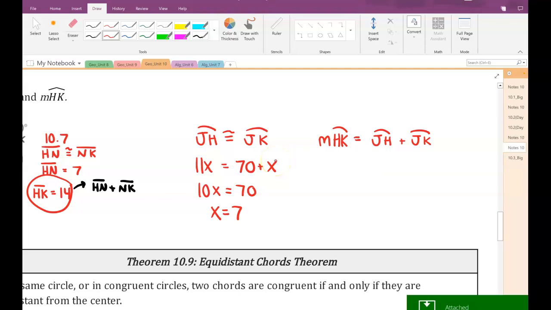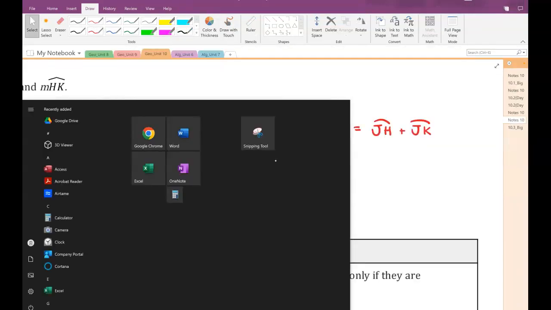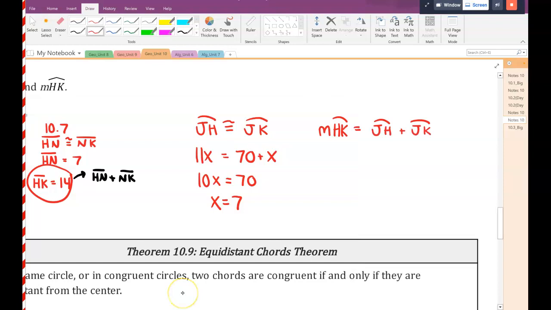So I got to plug this in before it dies. All right, so 77 for both of them. And how we get that is by taking 11 times 7, plugging in 7 for x, and 70 plus 7.